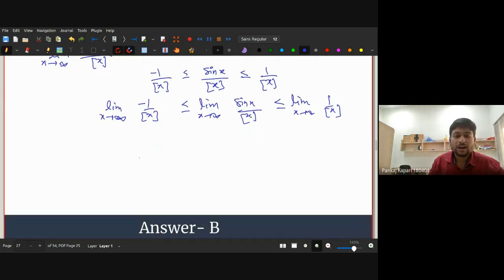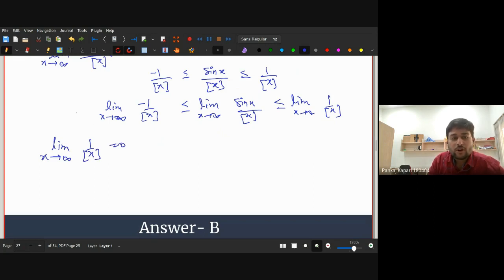Okay, so if x becomes very large, then this box x also becomes very large. Therefore, 1 over box x is very small. That means the limit as x goes to infinity of 1 over this box x is 0.